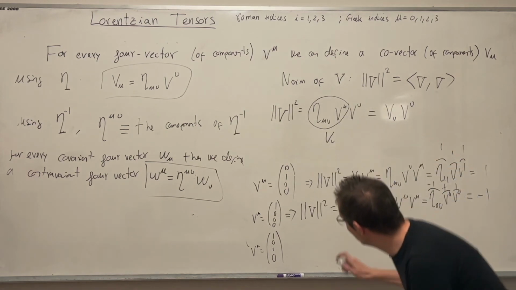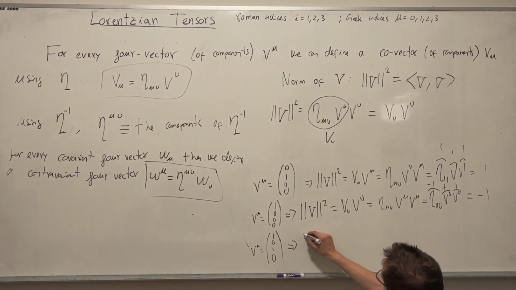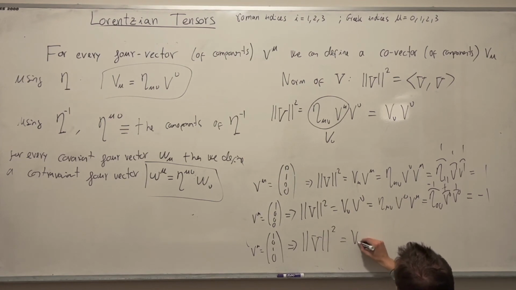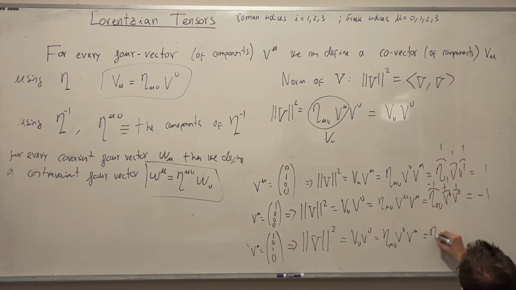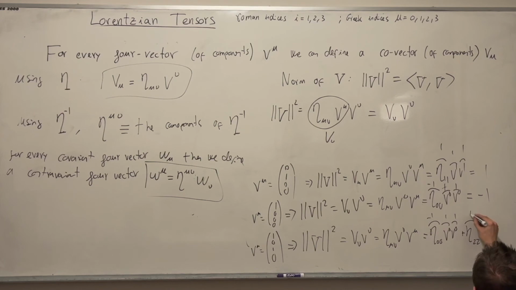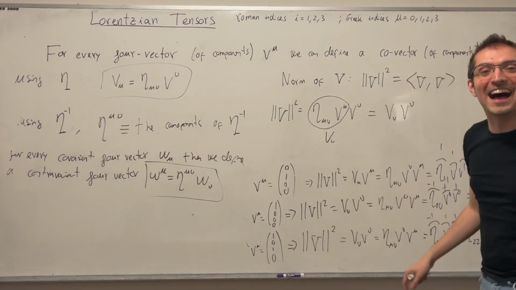Well, this one has norm v nu, v mu, same thing as before. In this case, we have two entries. We have eta 0,0, v0, v0, plus eta 2,2, v2, v2. So this one is minus 1, and this one is 1, so this is 0. So this one has norm 0.